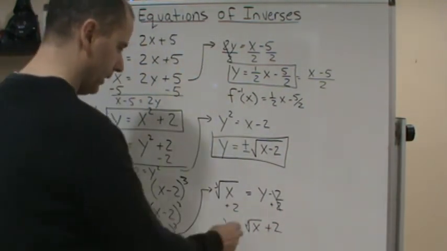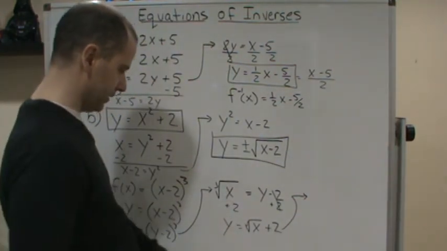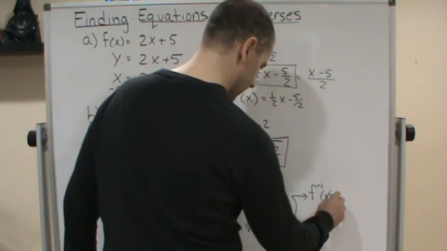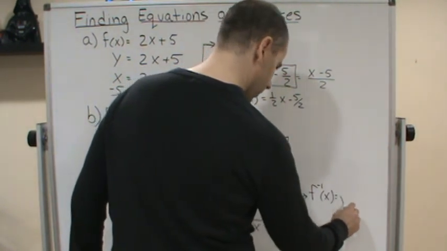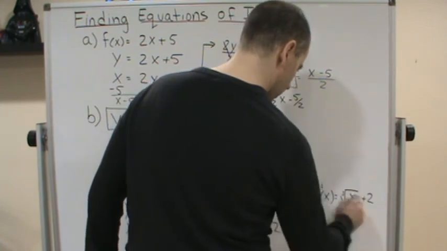And now I'm done because there's no issues with this. So now this is f inverse of x, which is equal to the cube root of x plus 2.